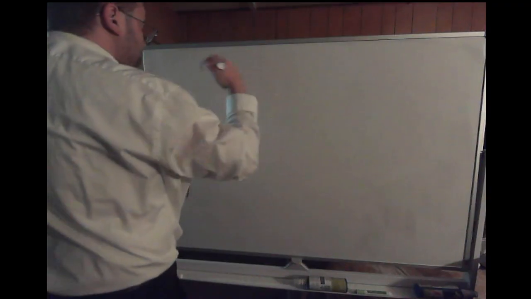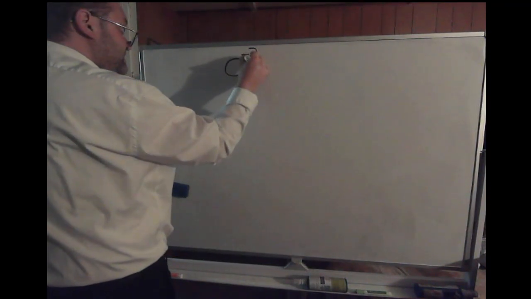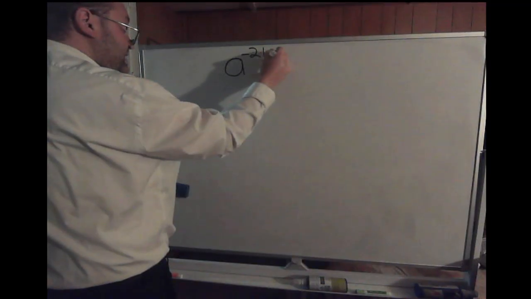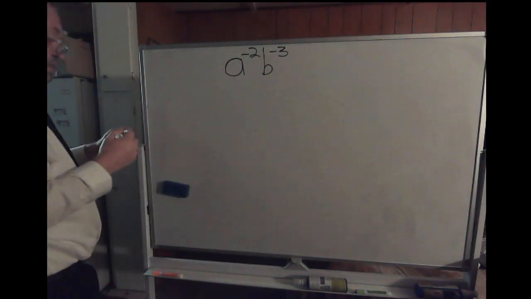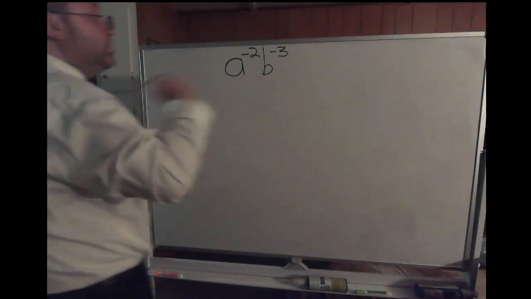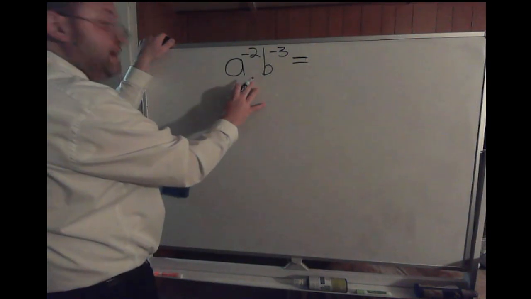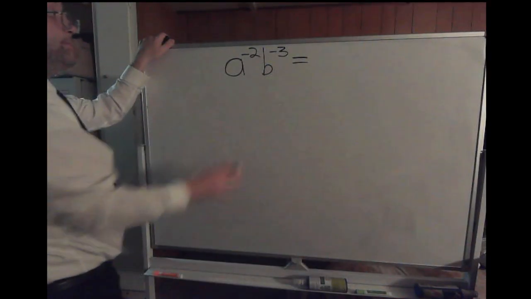Alright. We have a to the negative second, b to the negative third. Well, this time both variables have a negative power.